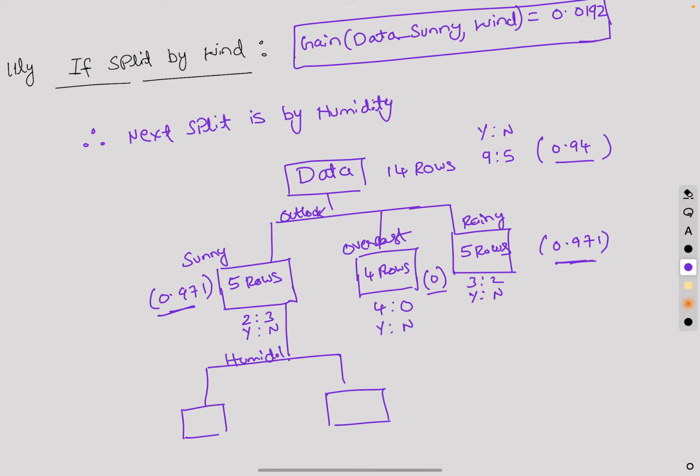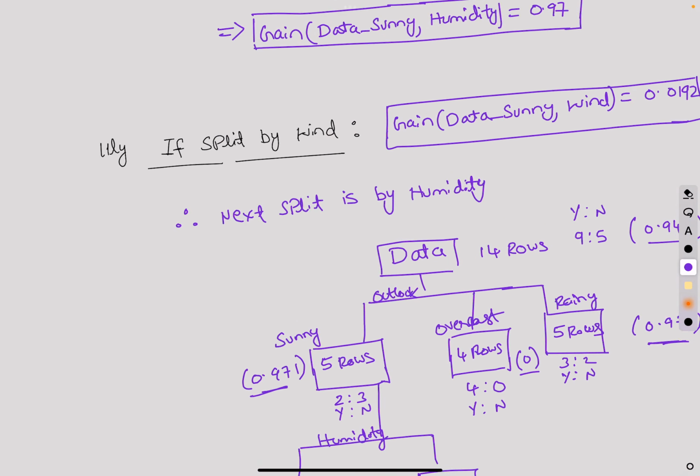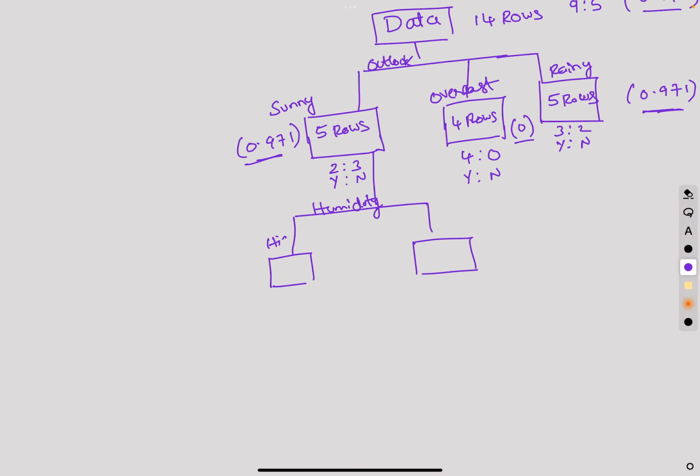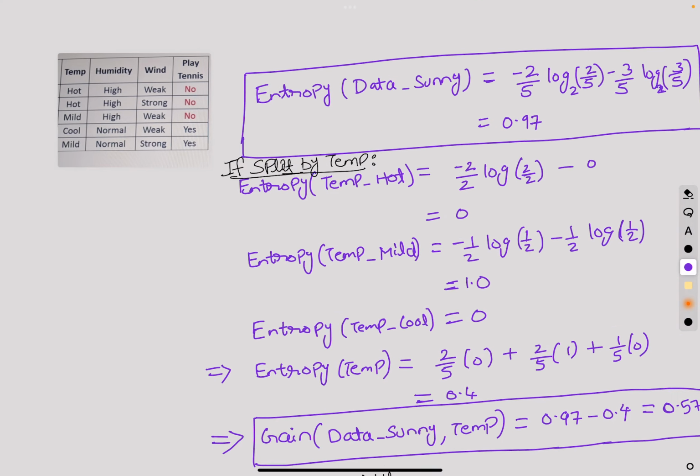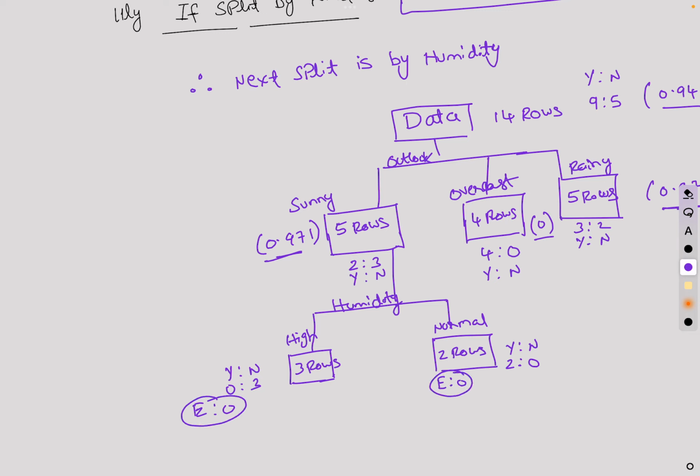Humidity. The values for humidity are high and normal. And I have 3 rows here and 2 rows here, and so here I get entropy as 0, and here also I get entropy as 0, and so entropy at the humidity level is also 0.